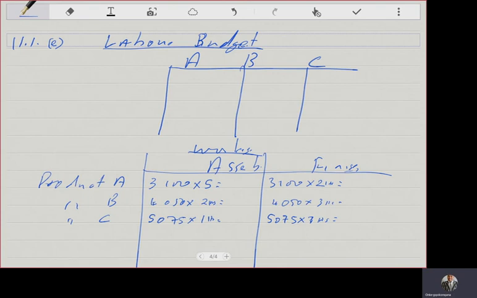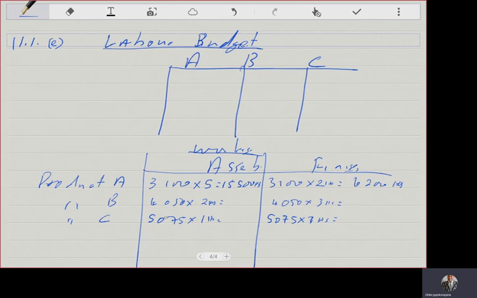That means it's going to be 3,100 times 5, 15,500 this side. Then again here 3,100 times 2 gives us 6,200 hours. So by doing this, guys, we are converting the production required into hours so that we can multiply by the rate.